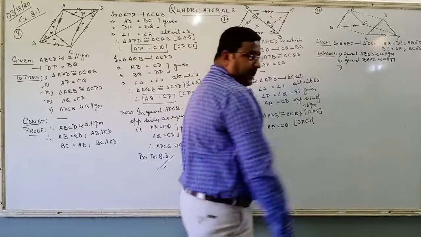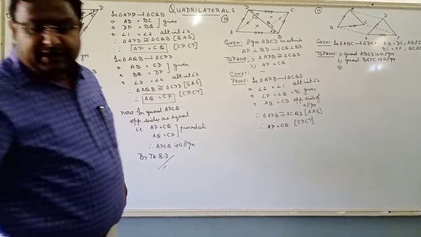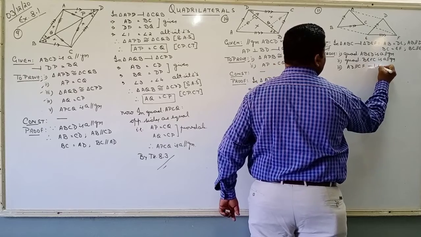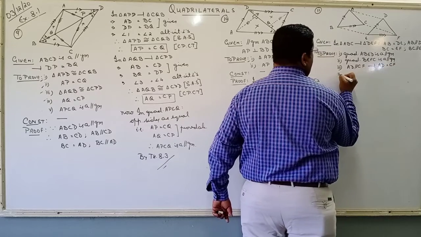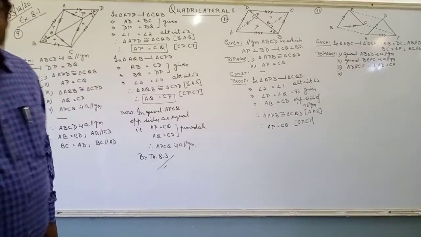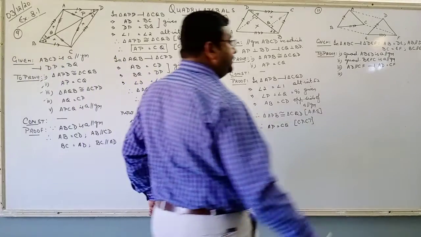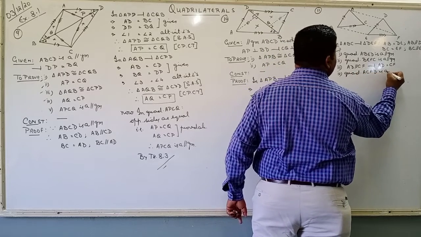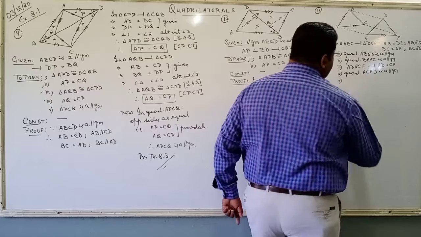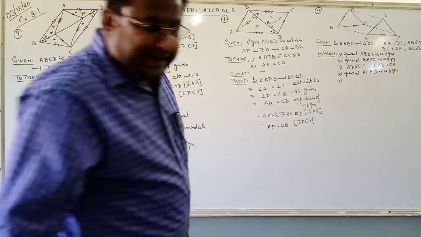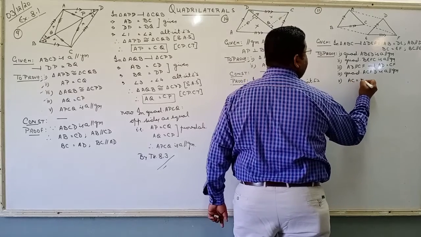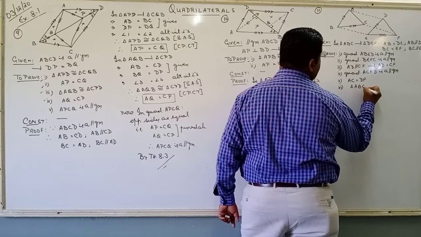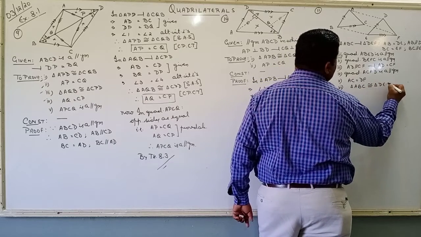Third, AD parallel to CF and AD equals to CF. Fourth, quadrilateral ACFD is a parallelogram. Fifth, AC is equals to DF. And sixth, triangle ABC congruent to triangle DEF.